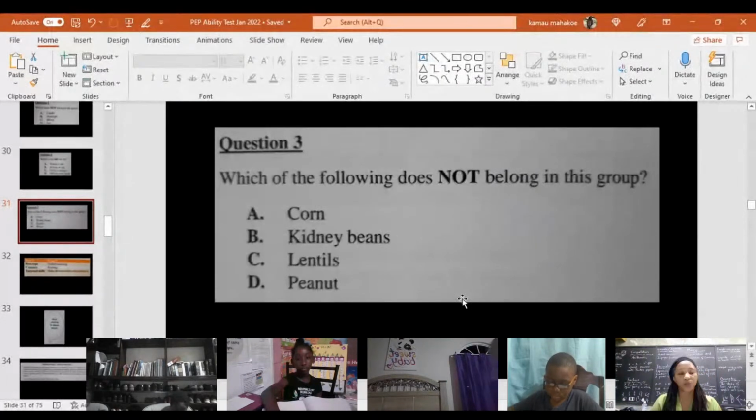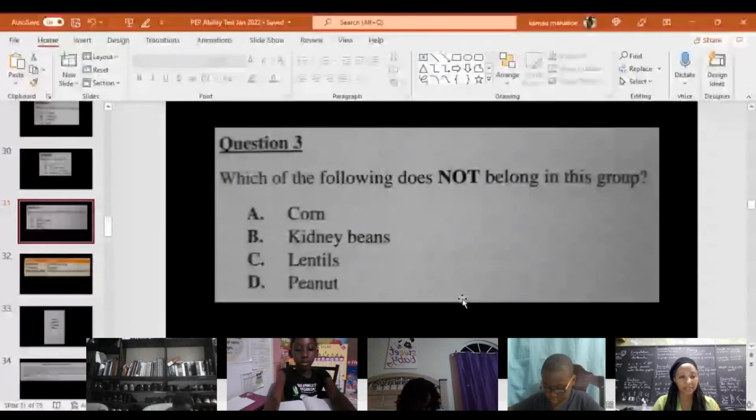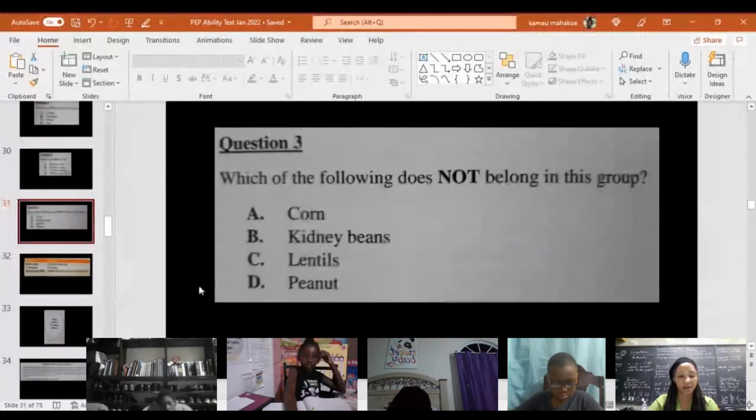Right. So they do have something in common in that they are foods, right? Yes, they are food. The corn is a grain or a staple, whereas the other three are legumes.